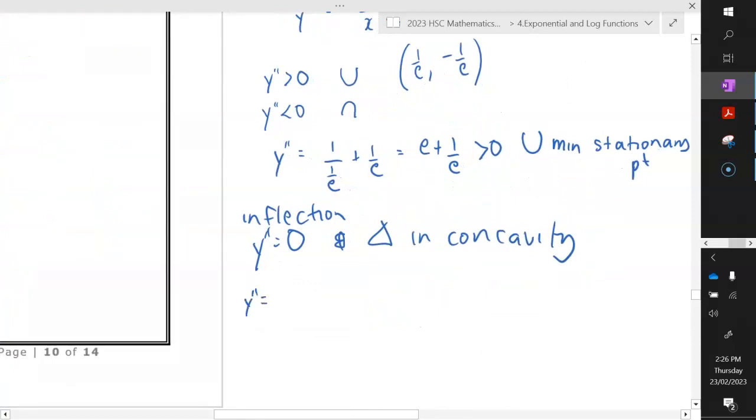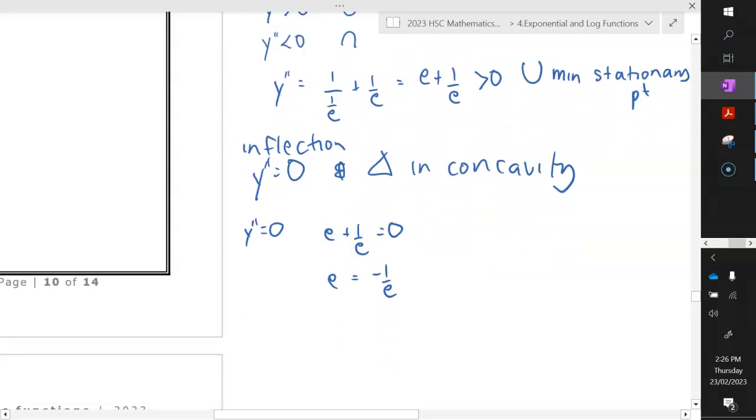If we pop our second derivative equal to 0, we get e plus 1 over e is equal to 0. So e is equal to minus 1 over e. Let us times both sides by e. So we're going to end up with e squared is equal to minus 1. And there's not going to be an inflection point because I cannot take the square root of a negative number. So no inflection point in this case.